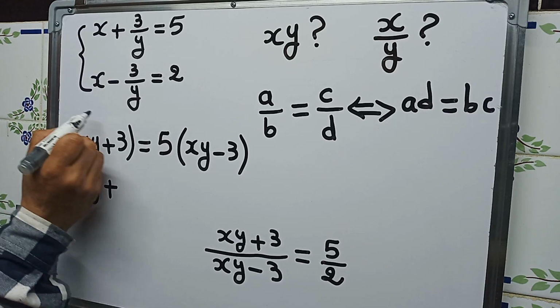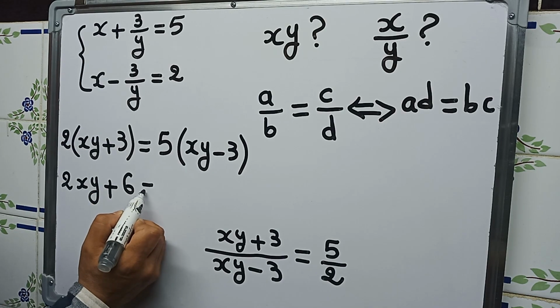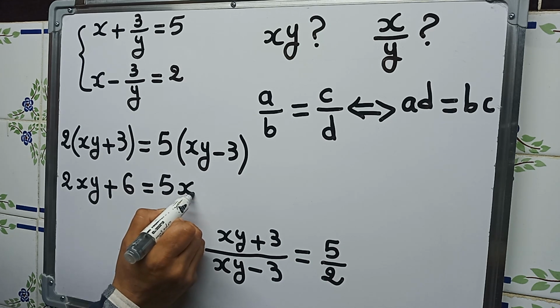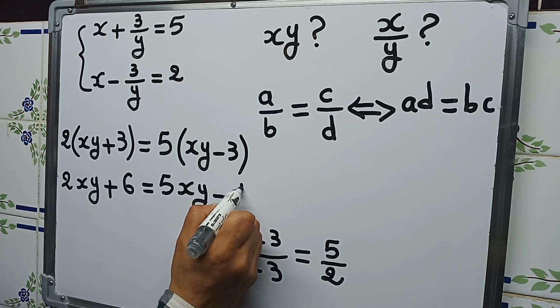Now distributing, we will have 2xy plus 2 times 3, which is 6, is equal to 5xy minus 5 times 3, 15.